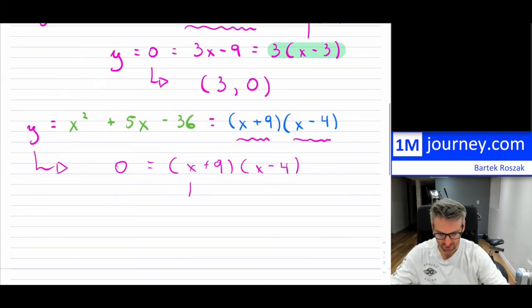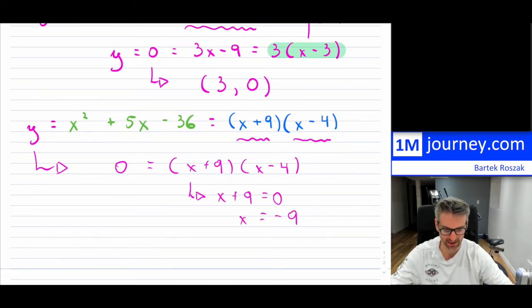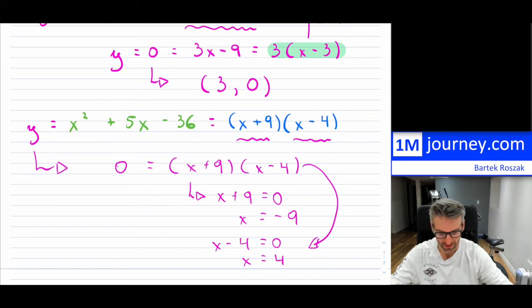One of those will happen when x plus 9 is equal to 0, and if you solve this, you get x equals -9. The other one is going to happen when x minus 4 is equal to 0, and if you move that to the other side, you get x equals 4. And notice that indeed, those are the two places that your graph will intercept the x-axis.